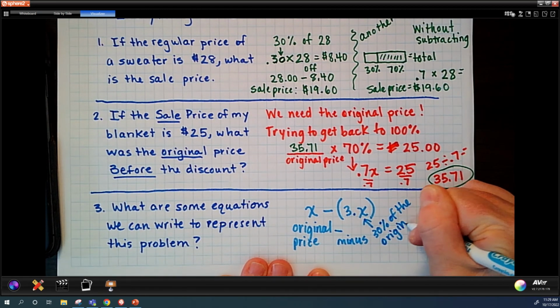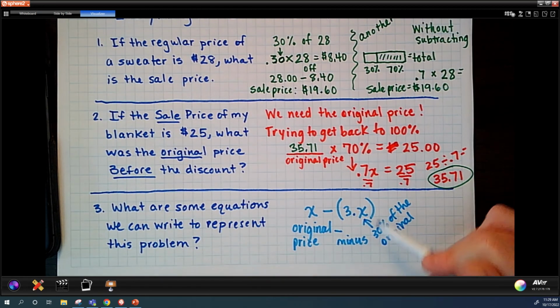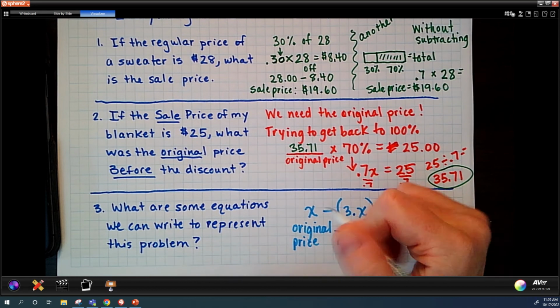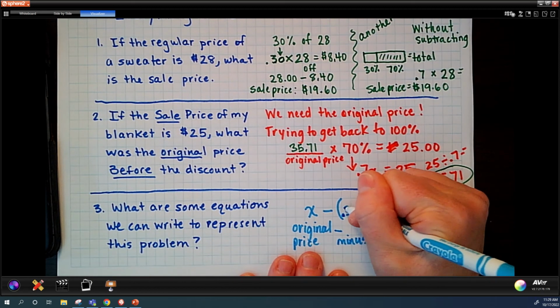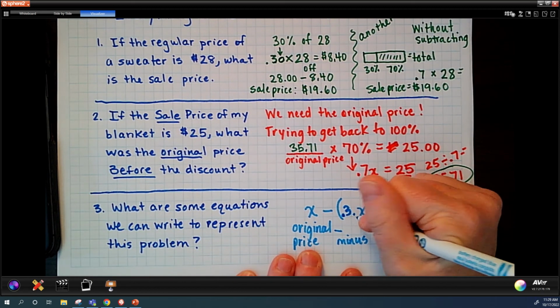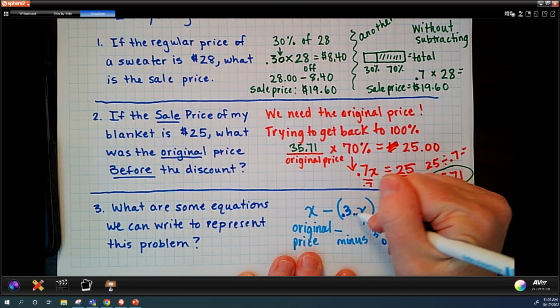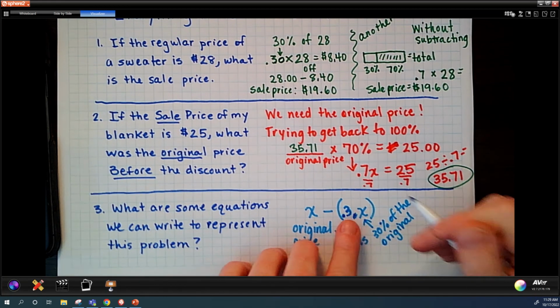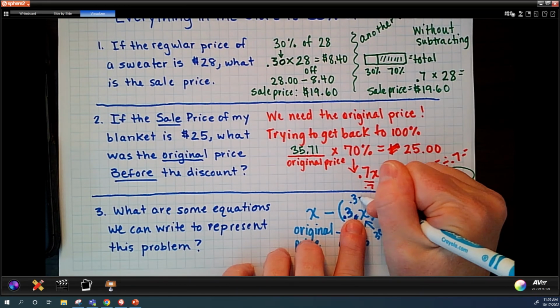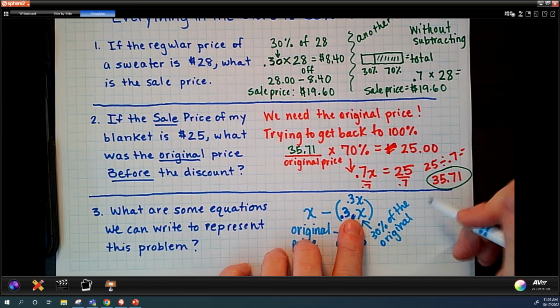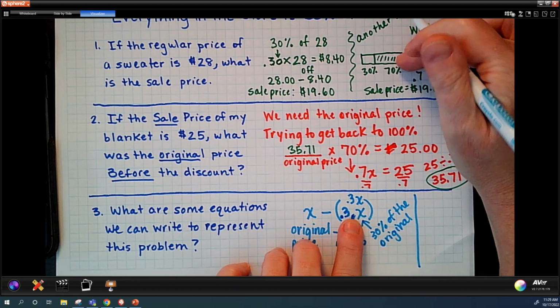We put parentheses around it because we need to actually do this first. Sorry, that's supposed to be 0.3, and I don't have any white out, but that's okay. 0.3x.